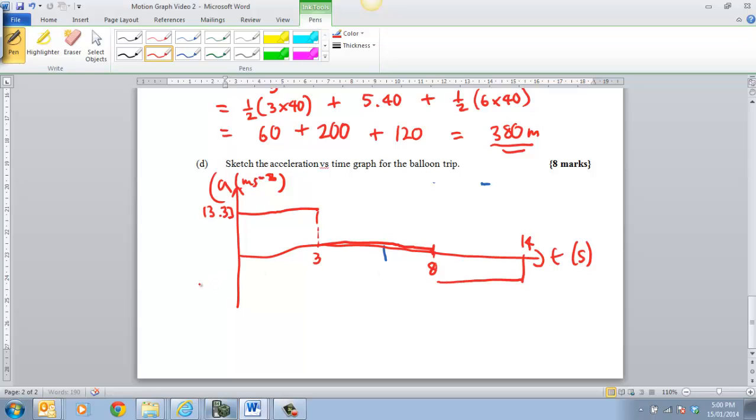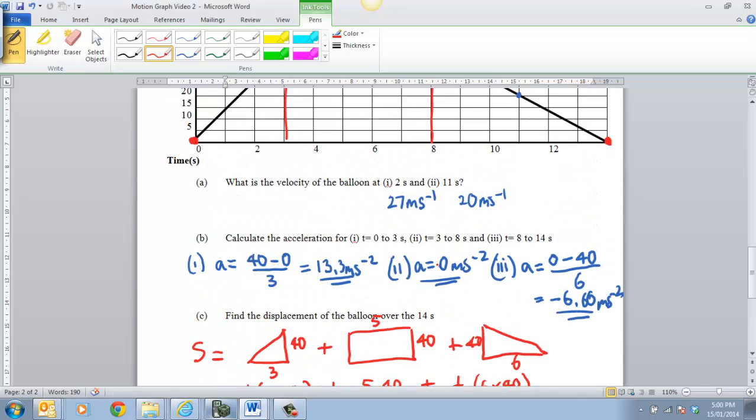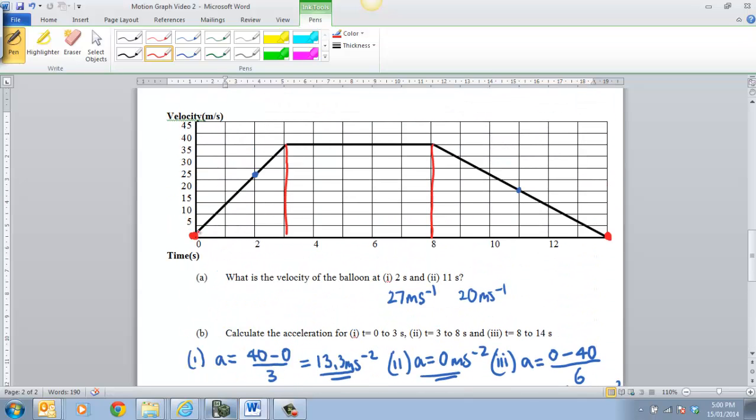It's going to have a value of minus 6.6. Alright, so it's a sort of step function that you look at when you start looking at the acceleration. Now it doesn't always have to be. Obviously if this particular line here curved, then that won't be constant acceleration. The acceleration may be changing at a different rate. Alright, so there are two fairly common examples when we start looking at velocity and acceleration.